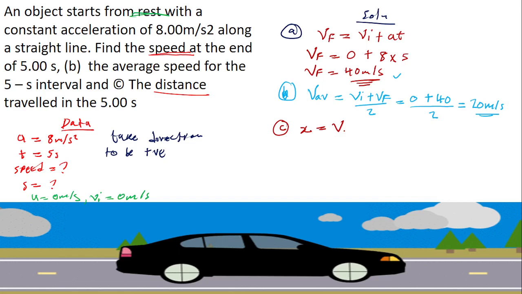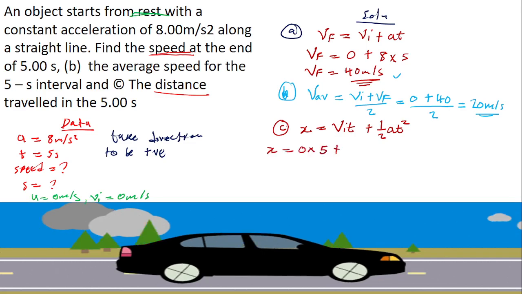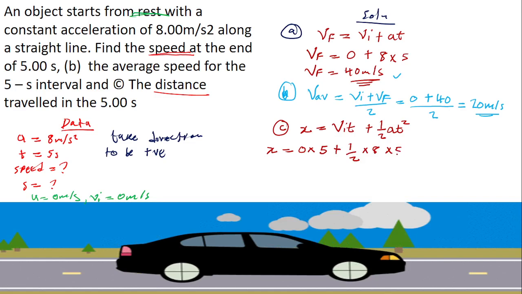So from this formula, distance is equal to the initial velocity, which here is 0, times time, which is 5, plus half multiplied by 8 and multiplied by 5 squared.